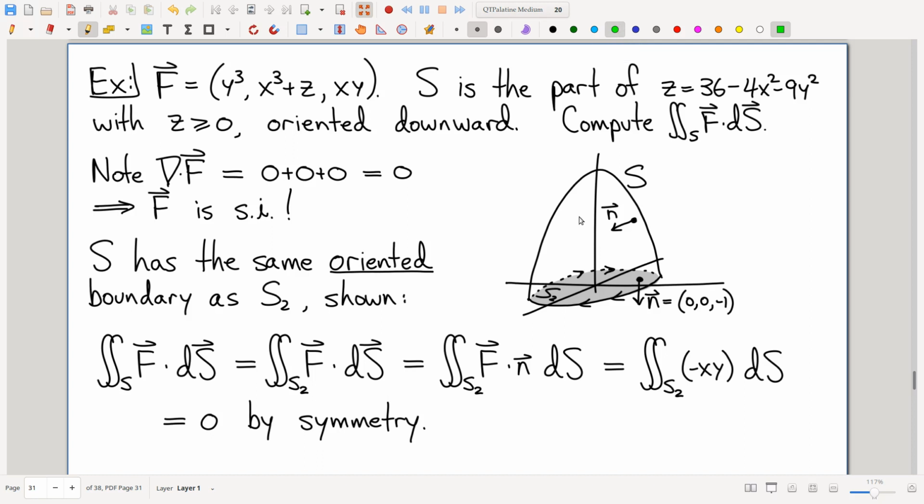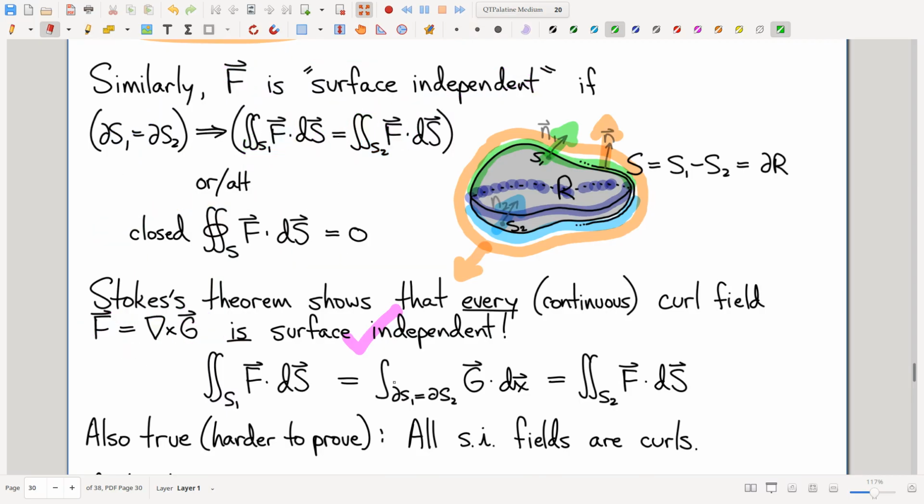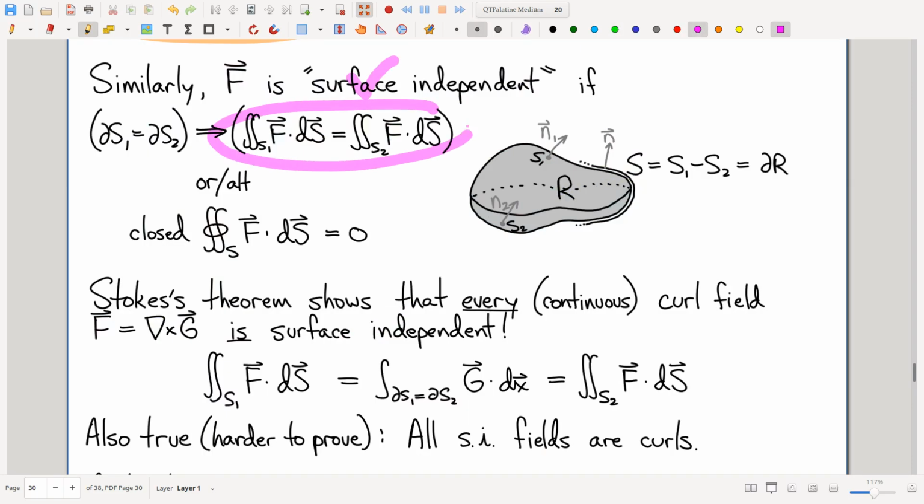After all, surface independence is arguably a computational technique because, just like with path independence, if you know that your vector field is surface independent, then for any flux you've been asked to compute, whatever surface that might be, all you've got to do is dream up some other surface and compute that one, just so long as they have the same boundary curve.